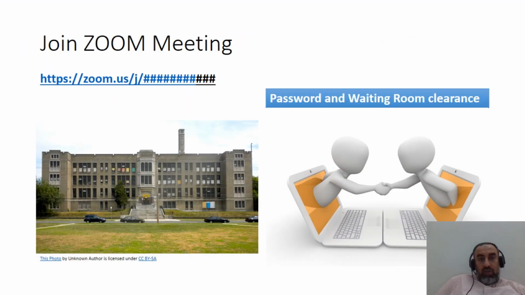So you can join in by sending this kind of a link from your meeting, and I will highly recommend to have a unique ID plus password and a waiting room clearance for participants. So that's actually a 3 level of security to reduce hackers hacking your meeting rooms.